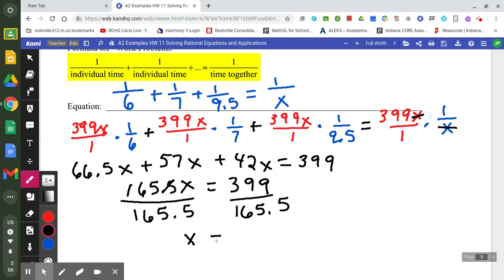And so x is going to equal 2.41, and I'm asked to round to the nearest hundredth, so that will be my answer.